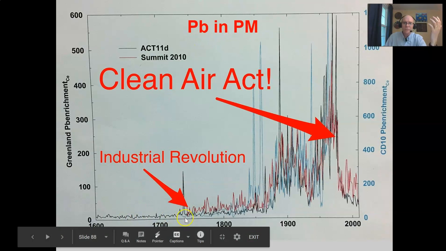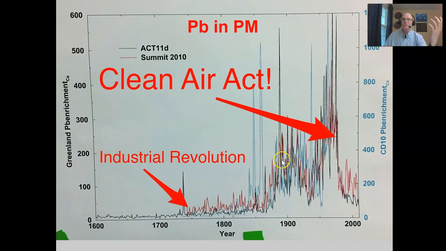The Industrial Revolution, we start burning coal significantly in the late 1700s, and then in the mid 1800s is when the Industrial Revolution takes off, and lead climbs precipitously. Now remember, this is an Antarctic ice core. There is no industry in Antarctica. So this is being circulated and then precipitated globally because of atmospheric circulation. So again, this is very far away from any industrial source.